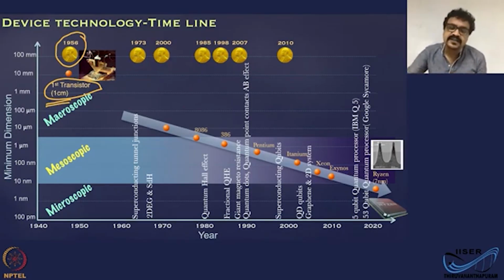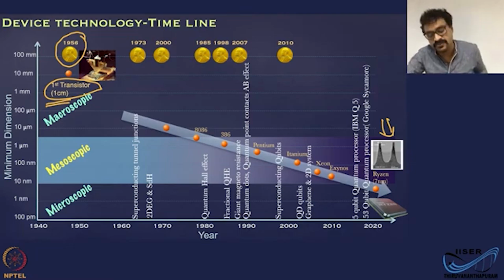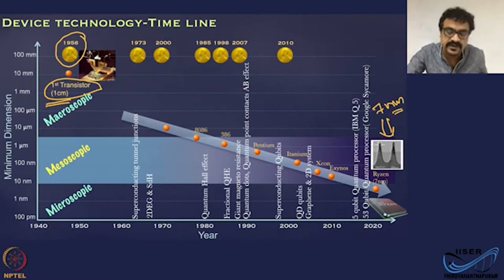And transistors are the backbones of every semiconductor chip or every semiconductor technology that we are seeing. This transistor is approximately 1 centimeter in size, whereas the current transistors in the latest generation of processors are approximately 7 nanometer in size.